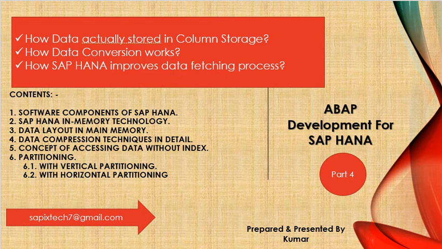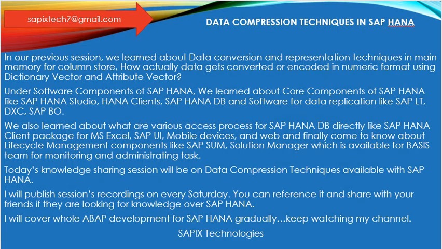So let's move to the next topic, the next slide. I mentioned in my previous session that we learned about data conversion and representation technique in main memory, obviously for column store, and how data gets converted and encoded into a numeric format using the dictionary vector and attribute vector.